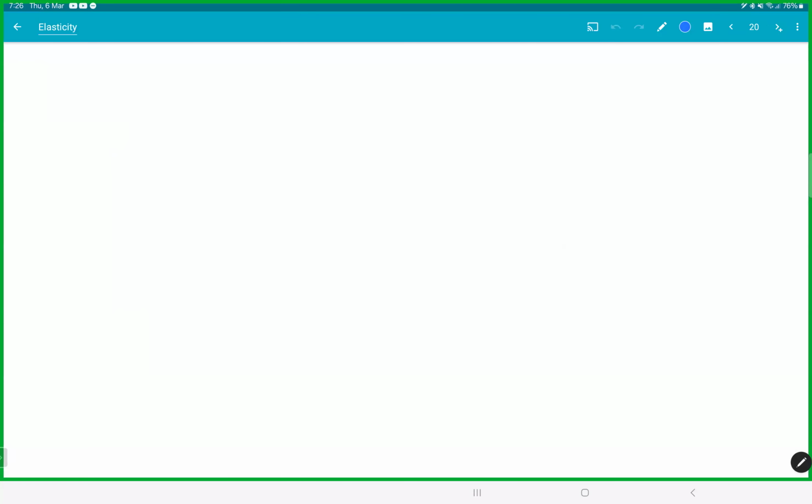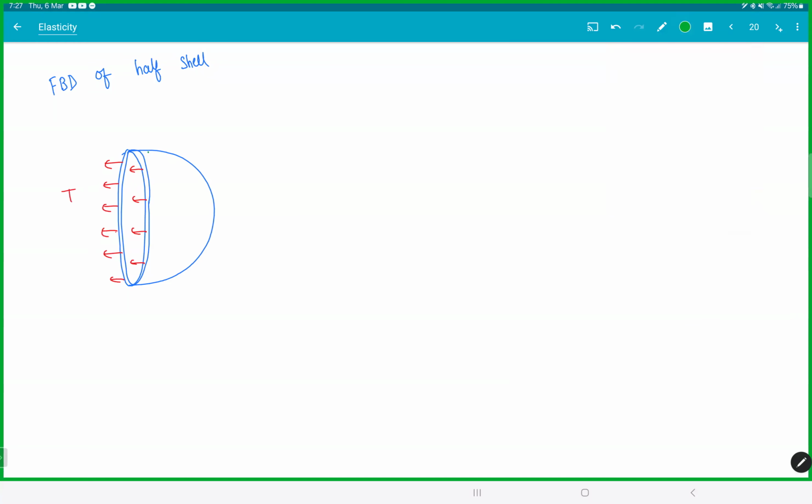If you draw the FBD of a half shell, this is what you will notice. So where is the tension acting? The tension is actually acting on this cross section, isn't it? This is your tension. And the gas inside is pushing it this way.